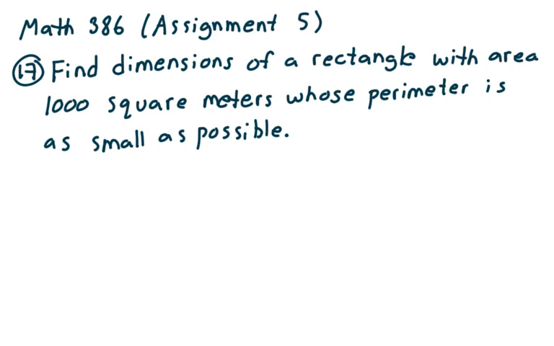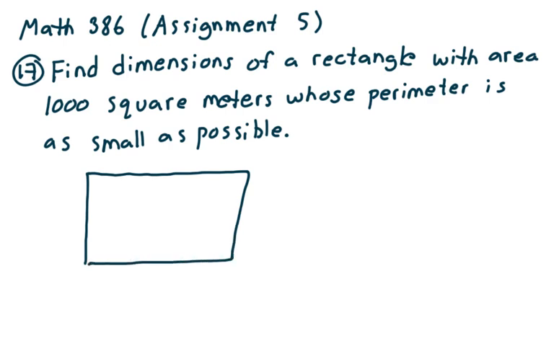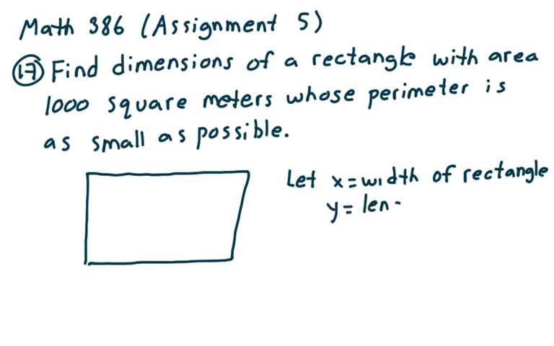Okay, so we have a rectangle. So let's draw a picture of a rectangle. And what I'm going to do is let x equal the width of the rectangle, because we don't know what that is, and let y be the length of the rectangle.